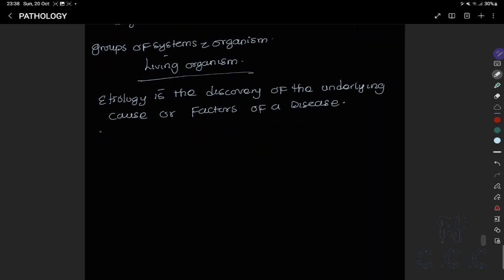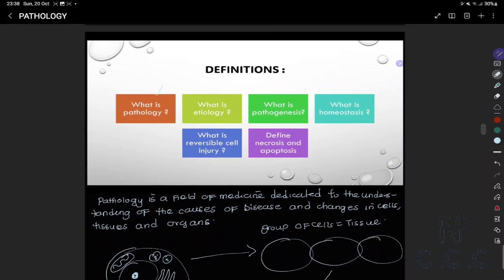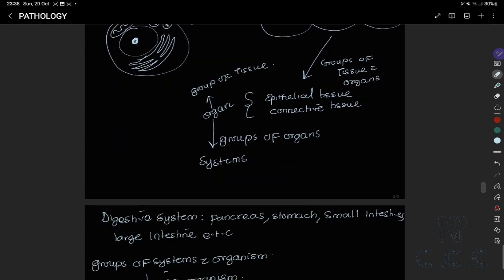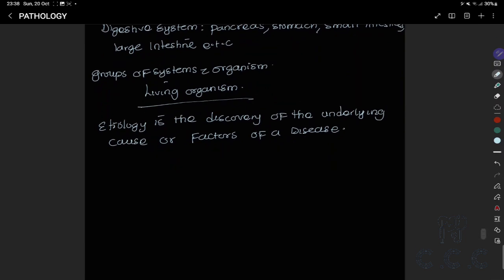And then what is the next one that we have to define? So we have pathology defined, etiology defined, and the next one we have to define is pathogenesis. What is pathogenesis? Pathogenesis refers to the steps in the development of the disease. So from the initial trigger point to cellular development to molecular changes going on in the cell, pathogenesis addresses the development. How is the disease progressing? It started at this point, but it is going to this point.